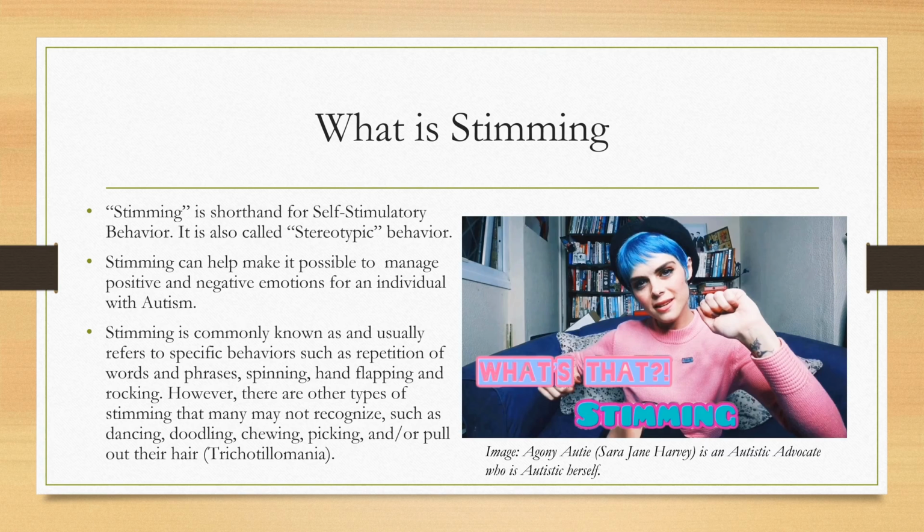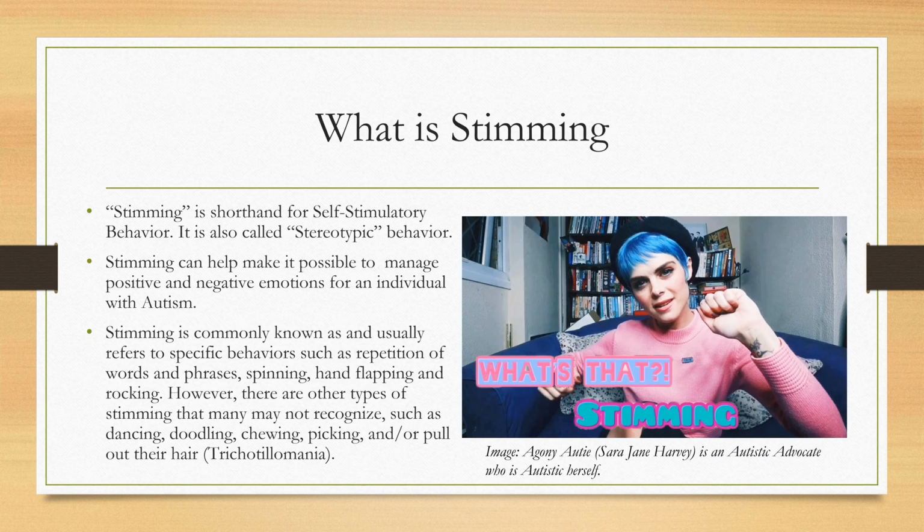What is stimming? So continuing with autism and explaining autistic behaviors. Stimming is shorthand for self-stimulatory behavior. It is also called stereotypic behavior, which I'm sure people are probably familiar with if they've met autistic people.